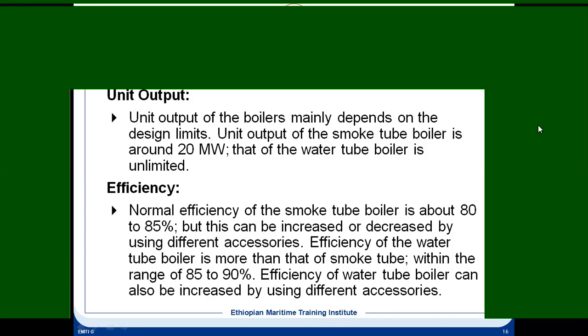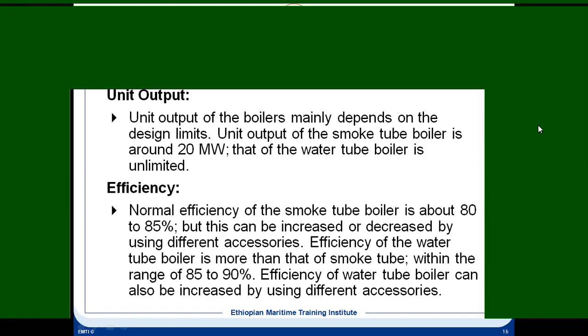And when it comes to efficiency, the normal thermal efficiency of a smoke tube boiler is about 80 to 85%. But this can be increased or decreased by using certain accessories. The efficiency of the water tube boiler is more than that of a smoke tube boiler, within the range of 85 to 90%. This is the burner efficiency we were talking about earlier.